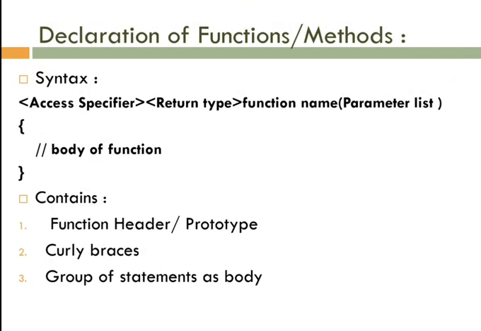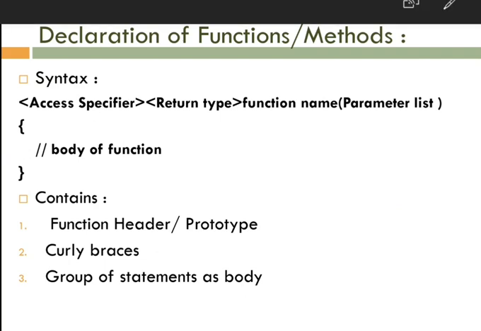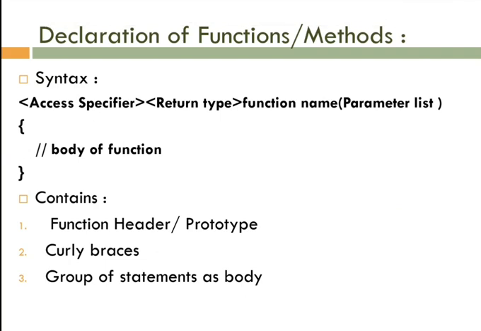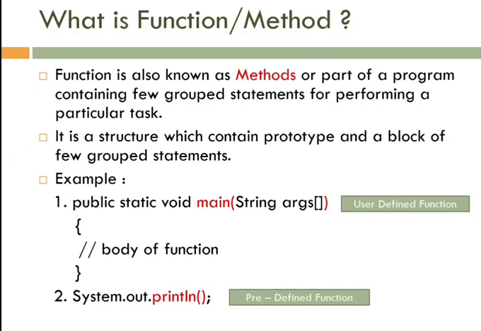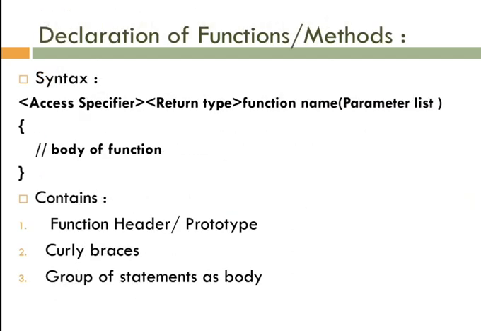Declaration of a function means we have to go through the syntax of a function. How are we going to declare it? The first one is the access specifier. Previously we had public static void main string args. Public is an access specifier.